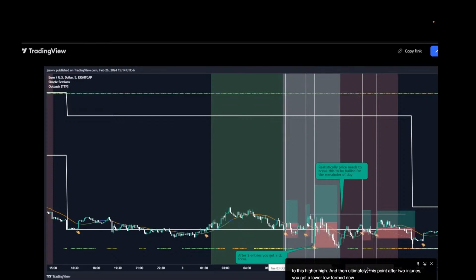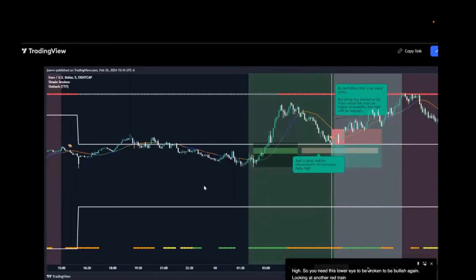Now I wouldn't have taken this entry, but since we got a previous daily low grab, that was viable. So all these cases unfortunately consolidated around the previous daily low, so you were able to get all these entries. But if you just look at market structure, you can see the new lower low is formed. This is the lower high, so you need this lower high to be broken to be bullish again.